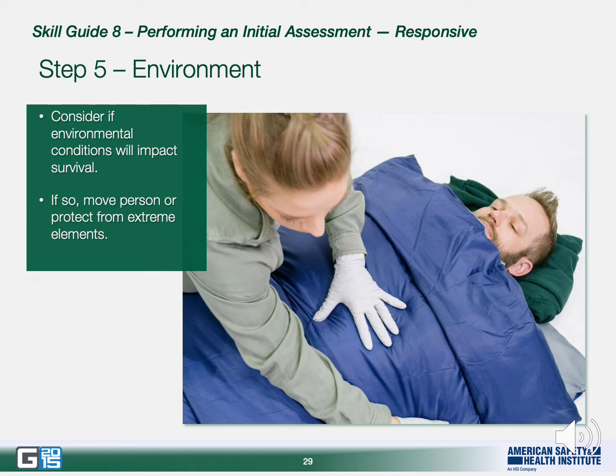Consider if the environment conditions will impact survival. If so, move the person or protect them from extreme elements. Out in the woods where we would be, it would be good for you to get them off the ground if you can. Put them on a pad, on a tarp and a pad. Get a sleeping bag around them and help keep them as warm as possible.